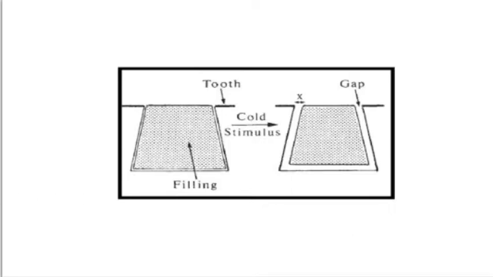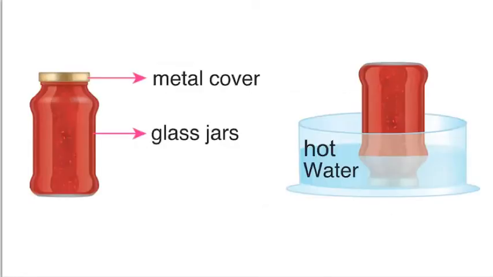Alrighty guys, let's continue. You can also see this problem of thermal expansion when you go to the refrigerator and you get the jar of strawberry jelly. That jar, you closed it yourself with your own strength.